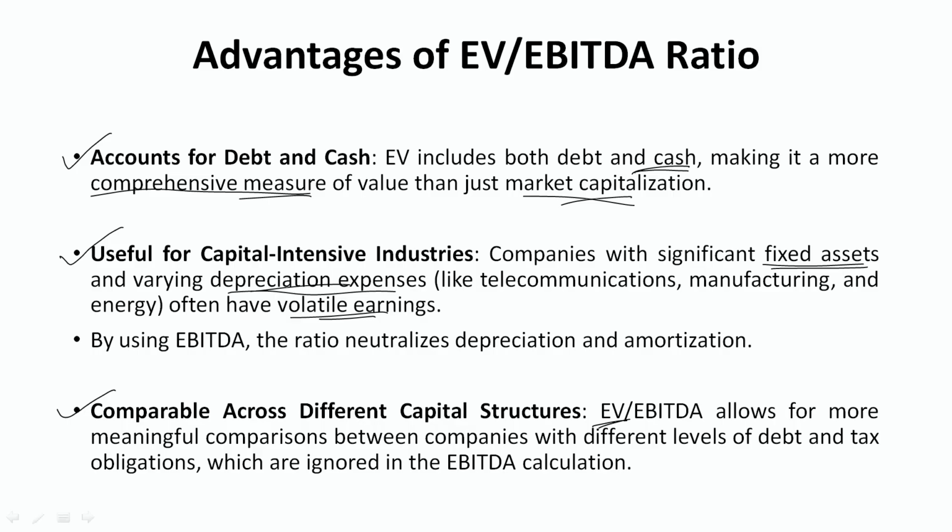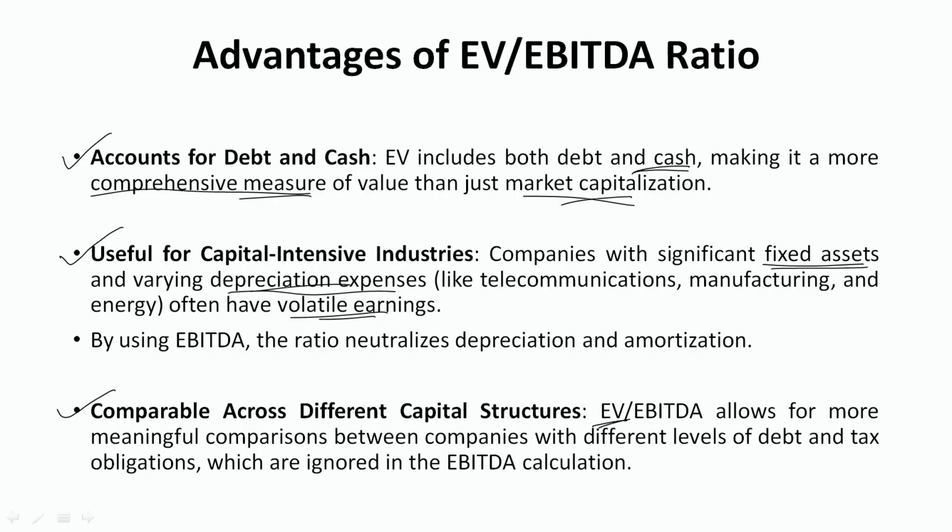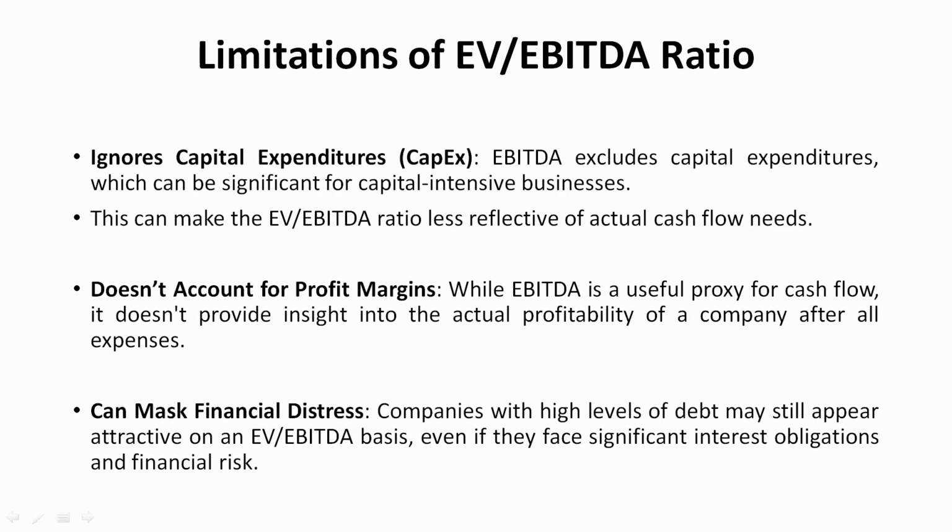You have considered the preference shares, the debentures, the debt instruments, term debt, excluding the cash portion, and the total earnings before providing for any expenses, which in real terms is not an expense. So it is comparable across different capital structures as well as different companies within a particular industry.